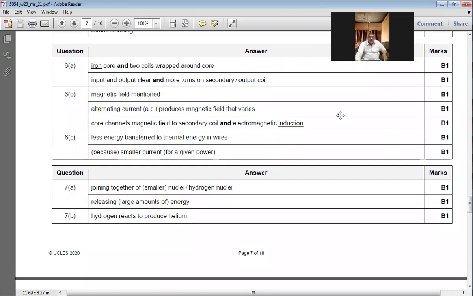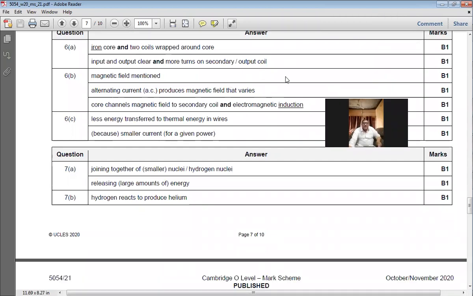So here we go. This is question number 6, B part. Magnetic field, mention one number. Alternating current, AC current produces a magnetic field that varies. 1 mark for this. And the core channels the magnetic field to the secondary coil and electromagnetic induction.